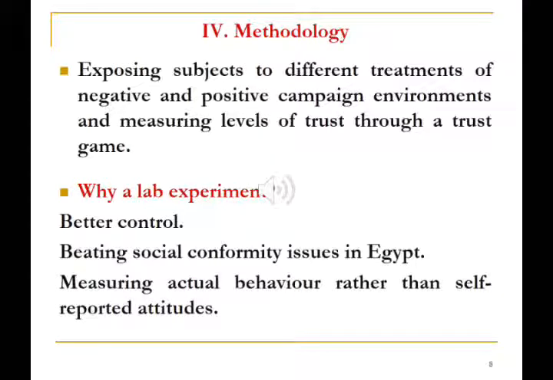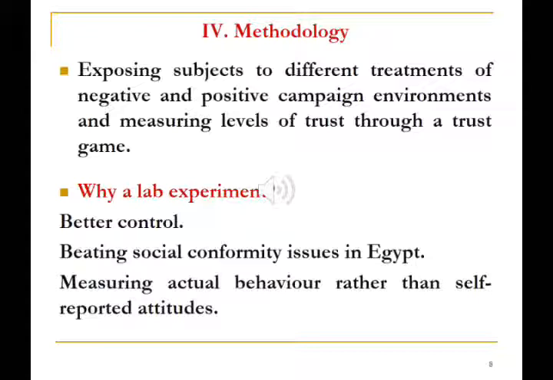So here is the methodology then. As simple as it is, how do we test our hypothesis? We expose subjects to contexts in which there are different levels of negative campaigning vis-a-vis positive campaigning and the control.